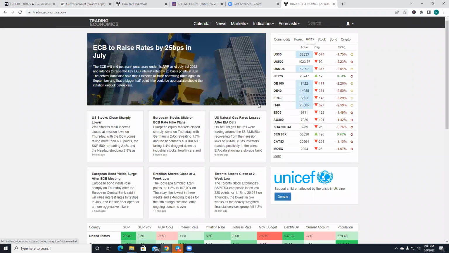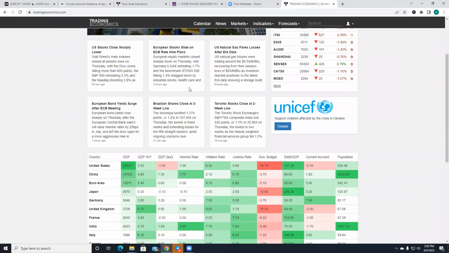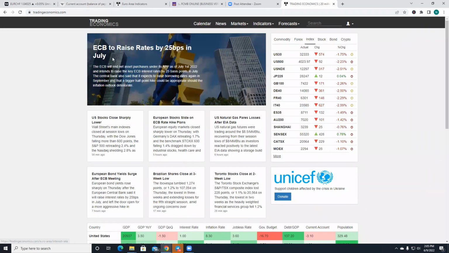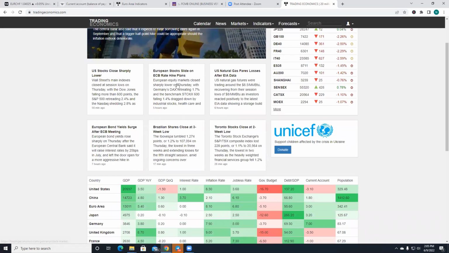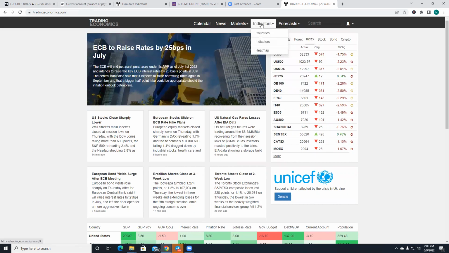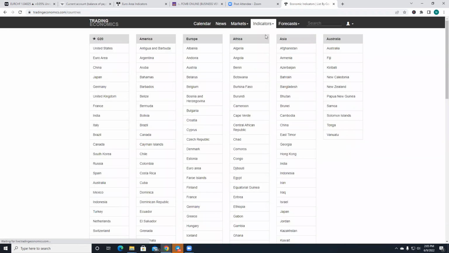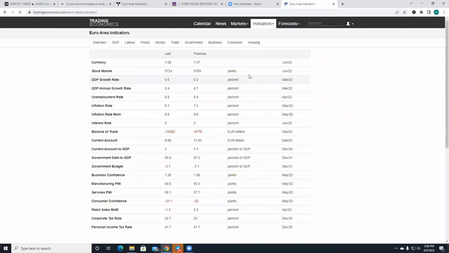When you get there, you will see some current news that are happening: ECB raised rates by 25 basis points in July. That's not our concern. Go to indicators, go to countries, click countries. We are looking at EUR/CHF, so click Euro area.